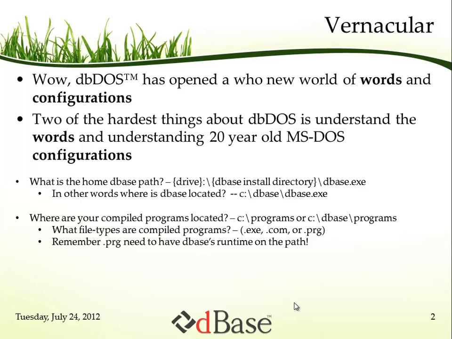The next idea is where are your programs located, which may be different than where your dBASE is located. Now this could be an executable, a COM, or a PRG. And also keep in mind it could be a BAT file that does additional configurations that we have no idea about. And remember, the PRGs need to have the dBASE runtime on the path somewhere. So that could be in another location as well.